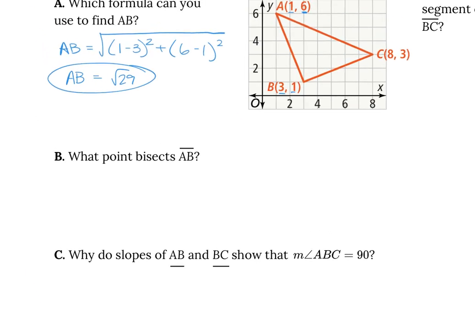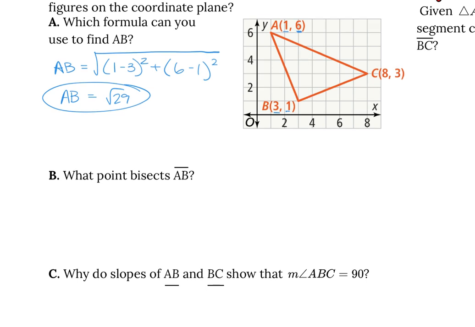All right, so for B here, to find the bisecting point, I want to find the midpoint of AB. Okay, to find my midpoint, I'm going to take my x's and add them together.